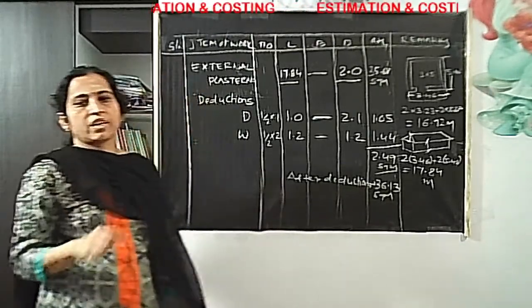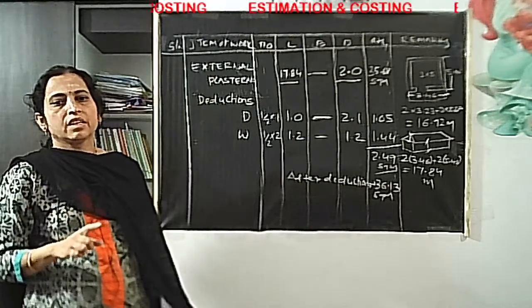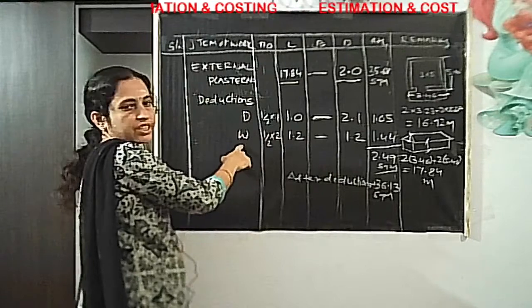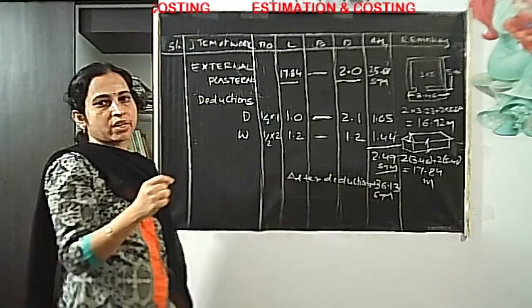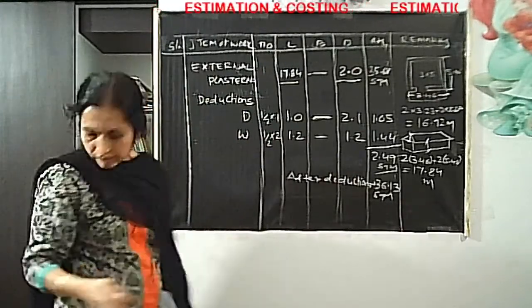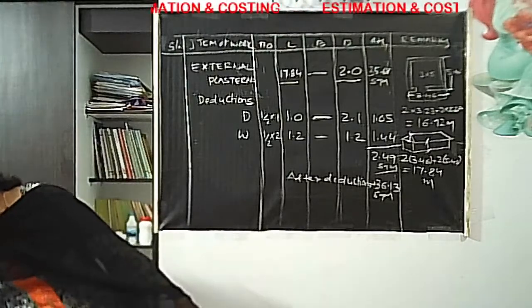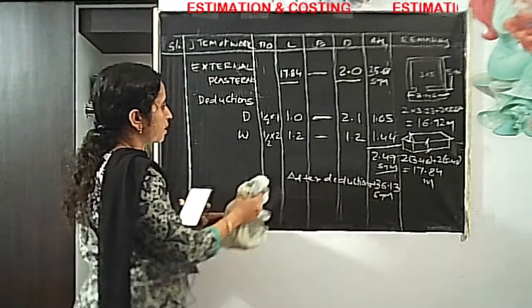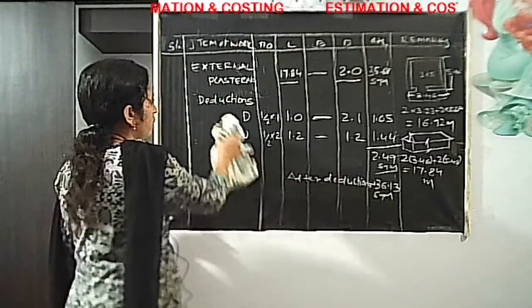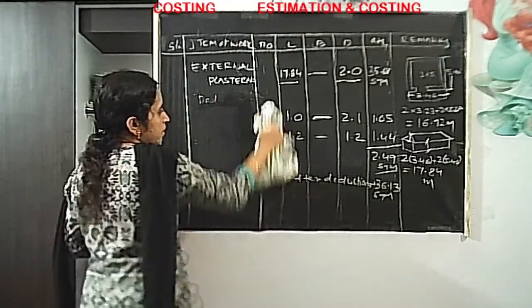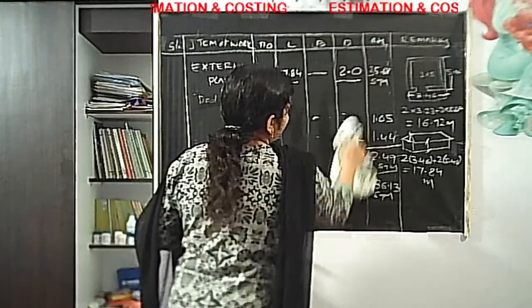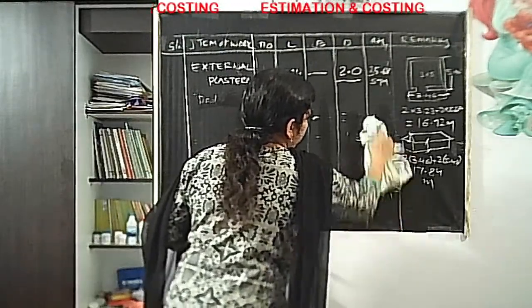So, what have we left here? We have left the gable portions. I directly came to the deductions here. I have not added up the gable portion. So, just remember the deduction is 2.49.